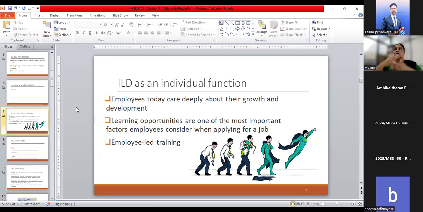So we as individuals have our own responsibility to keep ourselves updated, maybe our subject knowledge, maybe our network, maybe our capabilities, maybe our skills, maybe our languages. So it's our own responsibility at the end of the day, right? So that's it.